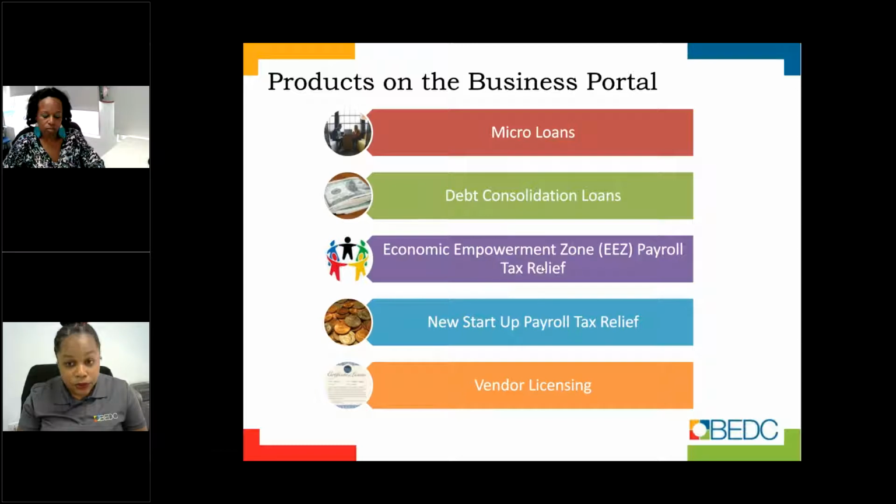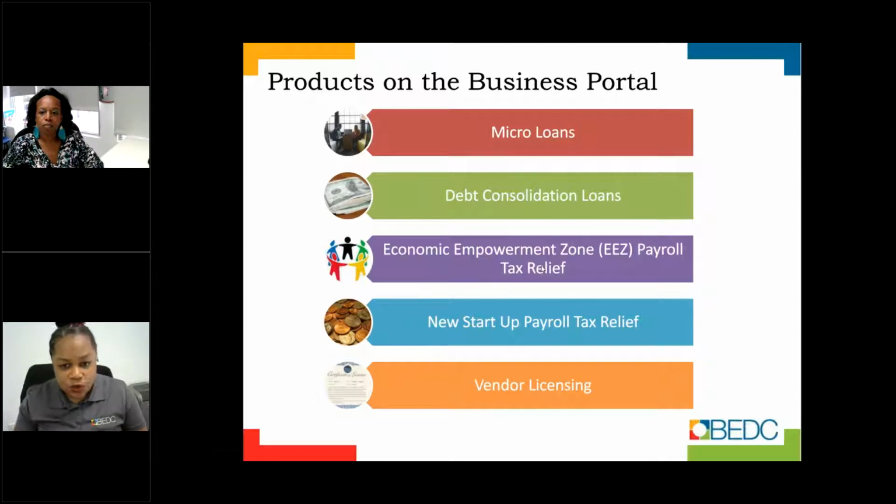If you don't know, when you're a new startup, you can apply to us to get a payroll tax relief for a year for the regular startup businesses. And I believe it's maybe 18 months or up to 2 years for the economic empowerment zone areas. So these are just some other products we offer. You have to apply through the portal to get that.